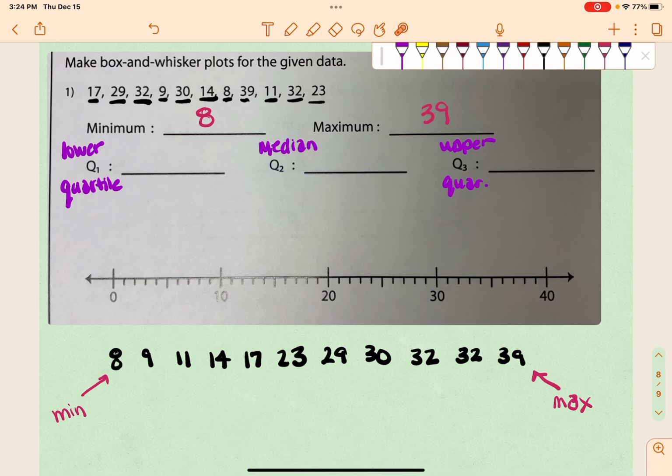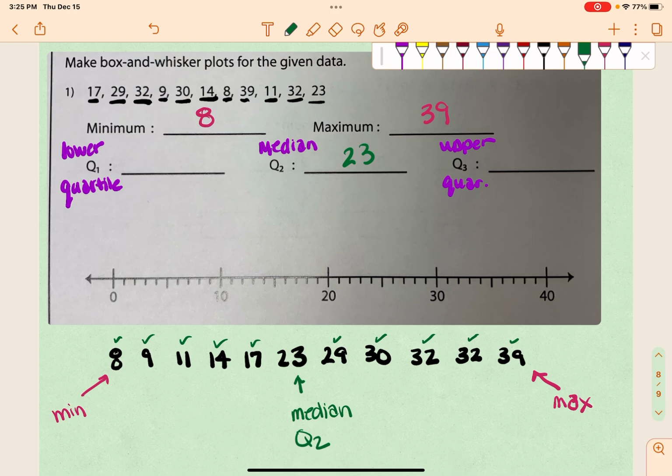That means I'm going to work my way to the middle and find the number that is in the middle. There are the 2 outside ones, and I'm going to keep working my way in. So 32 and 9 are the next 2 in, then 32 and 11, 30 and 14, 29 and 17. So I can see that this number is going to be my median, or my Q sub 2. This is going to be 23.